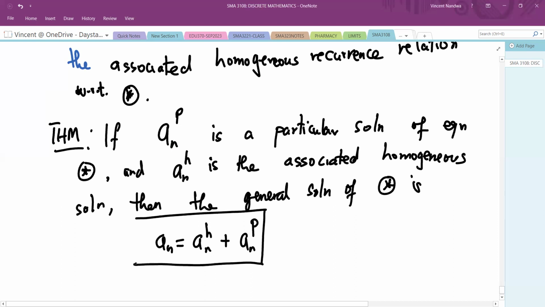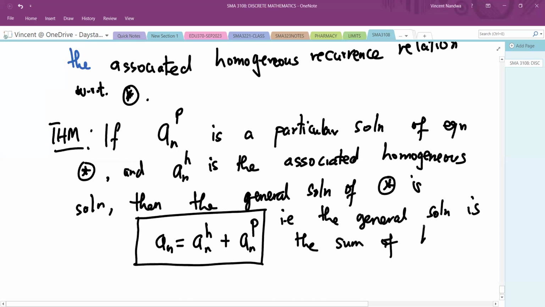So this simply means the general solution is a sum of the homogeneous solution and the particular solution.